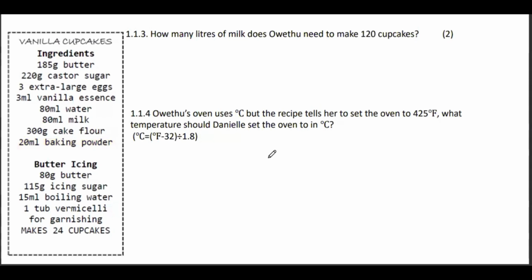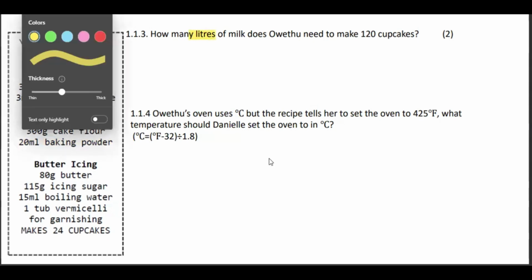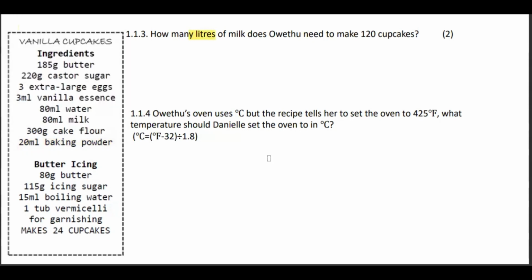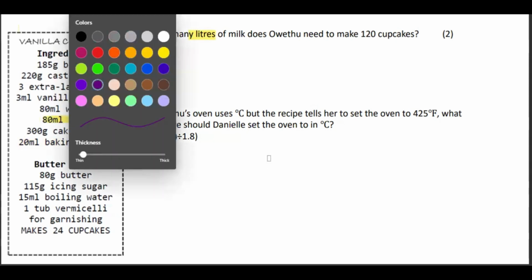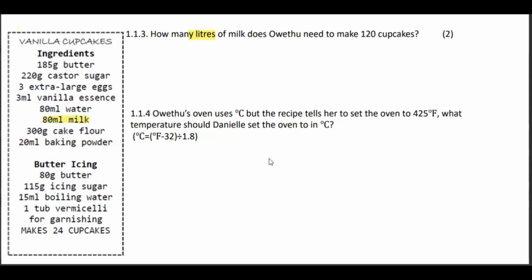1.1.3. How many liters of milk does Owetu need to make 120 cakes? Take note of this. They are talking of liters of milk. And when you come to your graph here, milk, it's 80 milliliters. 120 cakes, remember, they're going to be produced 5 times.